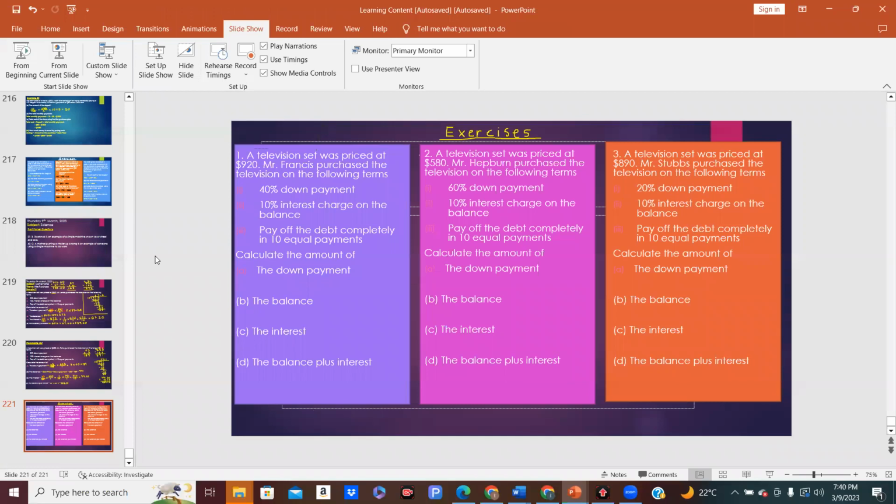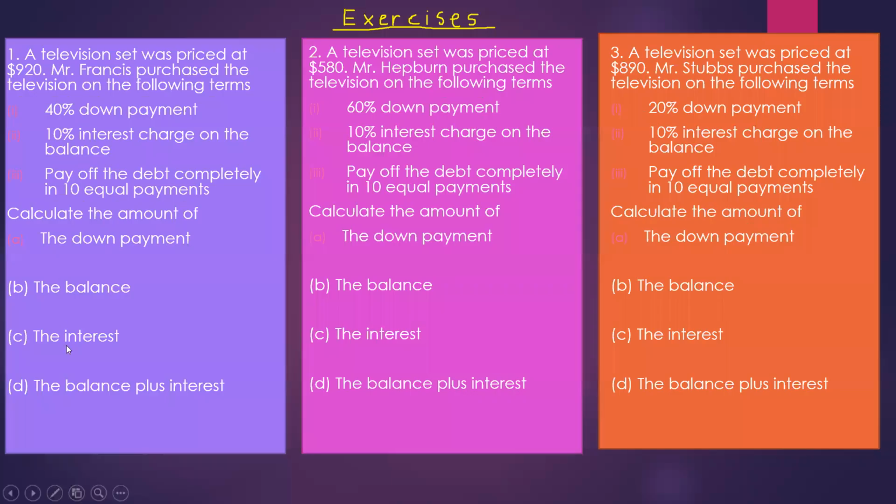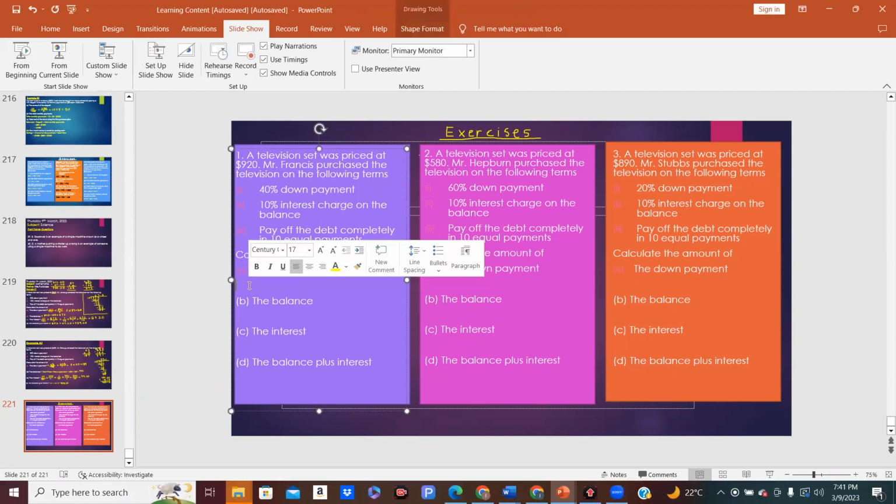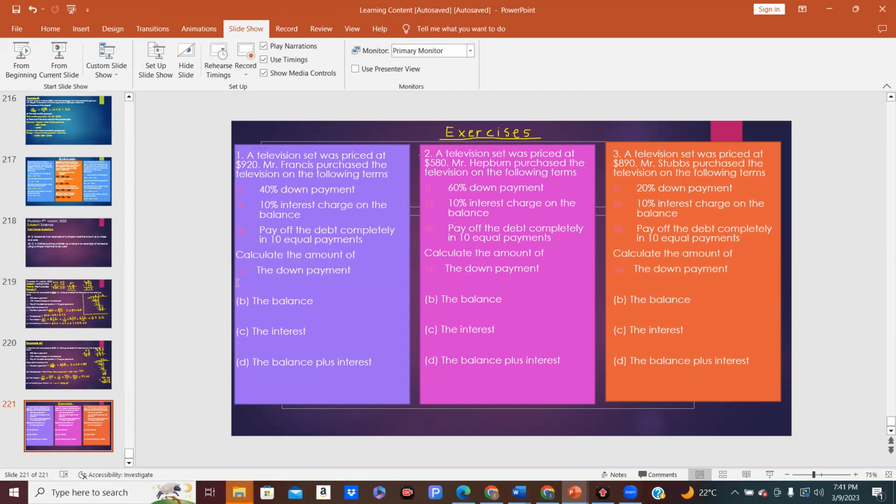920 times 4. Why do you do times 4? It's supposed to be 40 over 100 times 920 over 1. What do you do after that? After that, I cancel out the zeros. And then, oh, my bad, it's supposed to be 92 times 4.